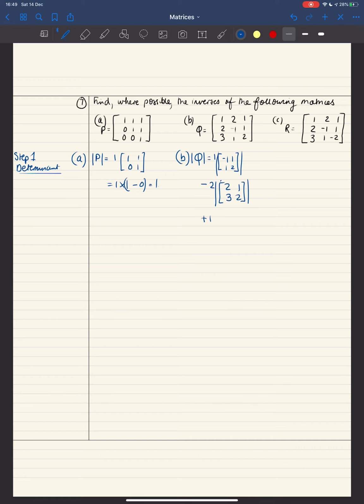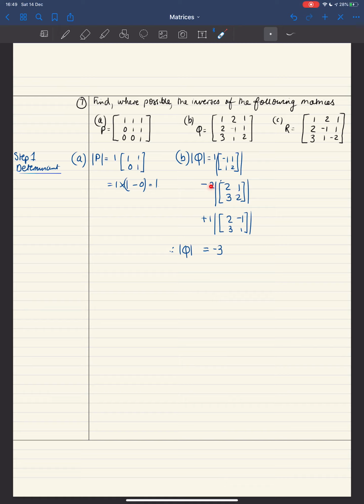And then plus 1 times the determinant of 2, 3, minus 1, 1. I'd normally do that in a long line, but I'm going to run out of room here. So therefore, determinant of Q, I'm going to do some of this in my head. So it's minus 2 minus 1, which is minus 3. And then the next one, so it's 4 minus 3, which is 1.